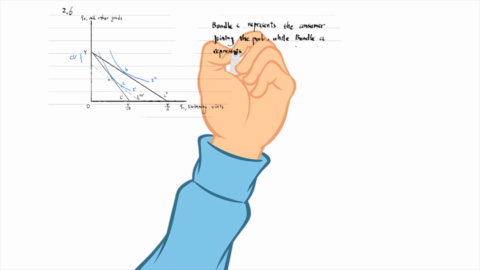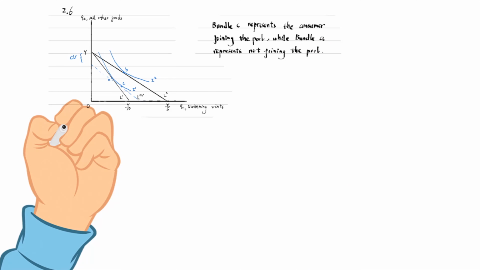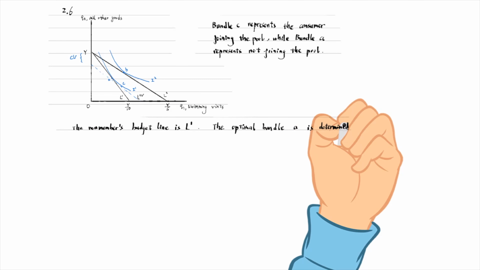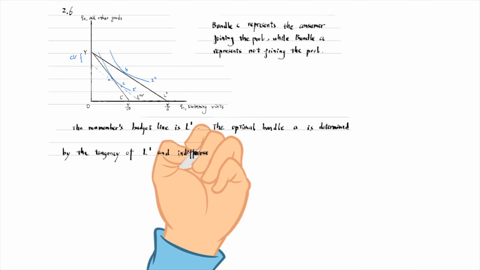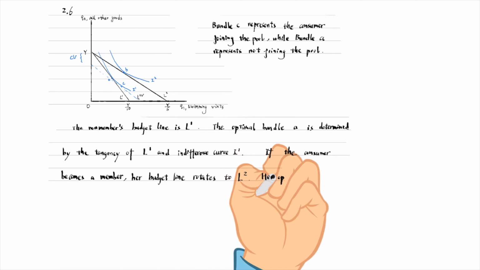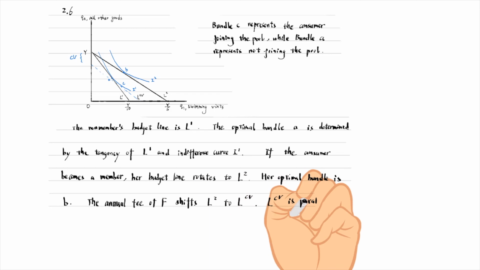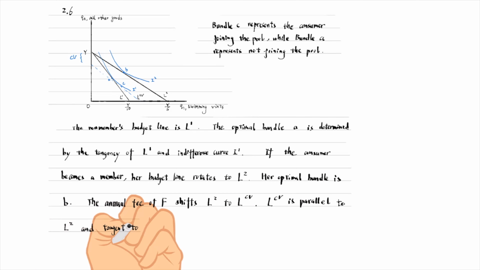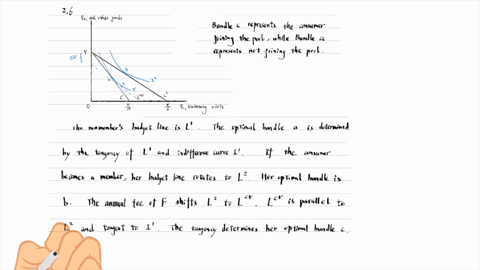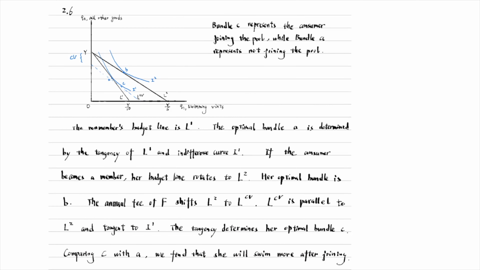The consumer is indifferent between bundle A and bundle C because they are on the same indifference curve I1. Comparing C with A, we find that the consumer will go swimming more after joining the pool than before.